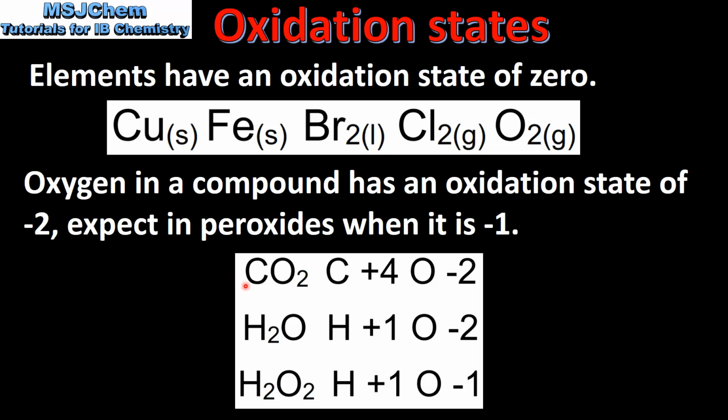So for example, in carbon dioxide, the carbon has an oxidation state of +4 and the oxygen -2. In H2O, the hydrogen has an oxidation state of +1 and the oxygen -2. But in hydrogen peroxide, the hydrogen has an oxidation state of +1 and the oxygen has an oxidation state of -1.